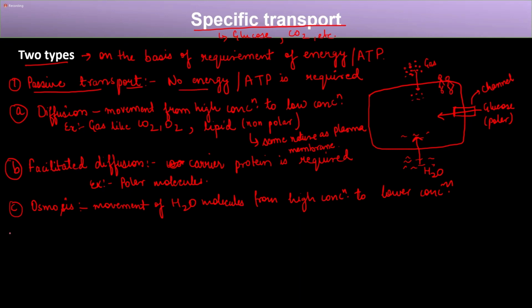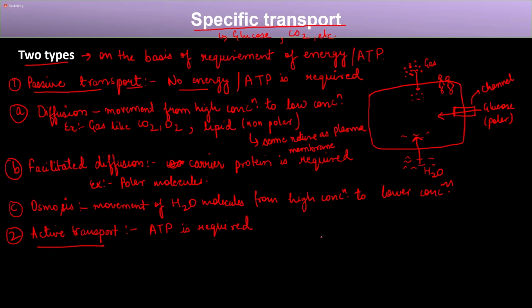Now, the second type of transport is active transport. What is active transport? It is a type in which ATP is required. So in the case of active transport, ATP or energy is required.